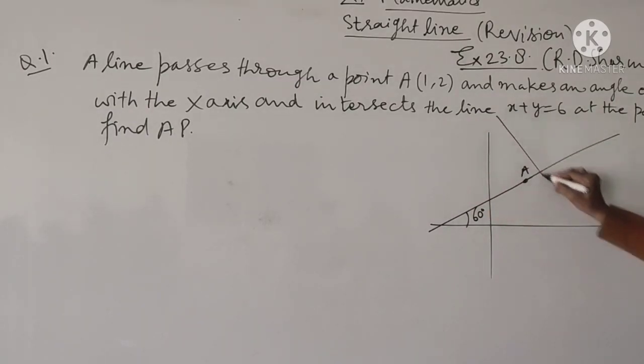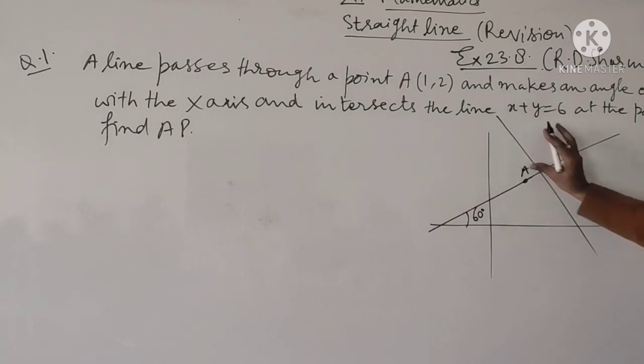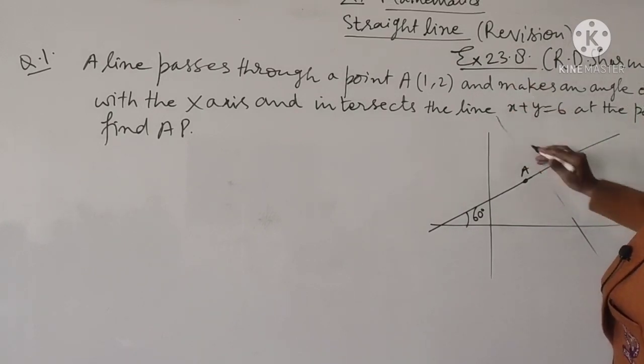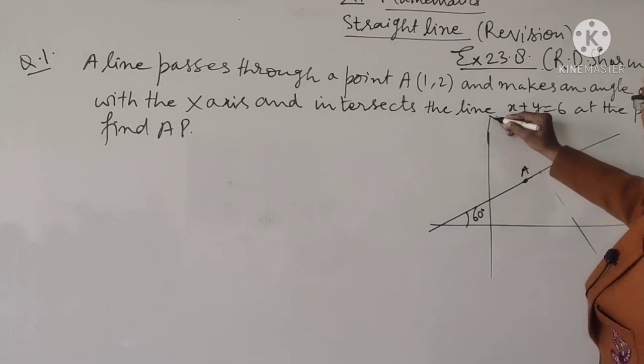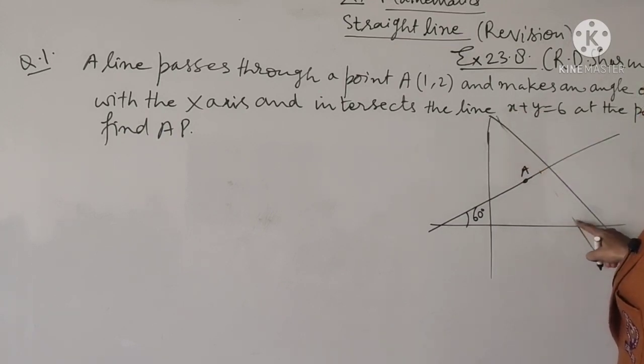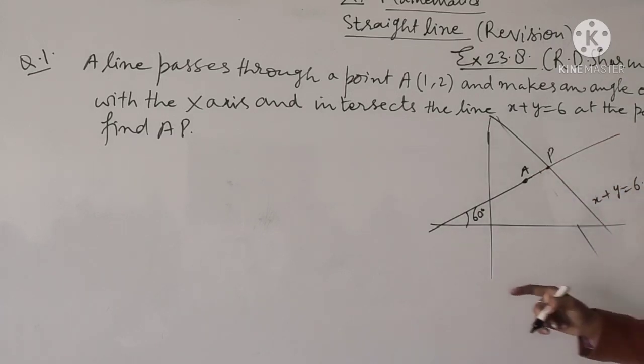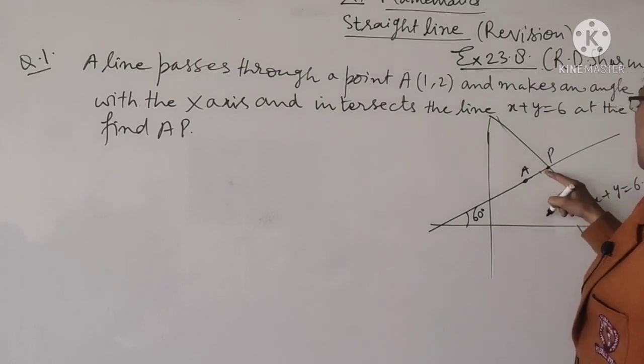Suppose there is a line for which x plus y equal to 6. This is the point P. Find AP. So you have to find this distance AP.